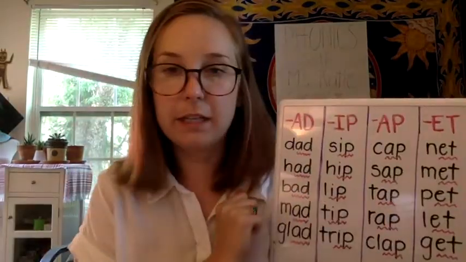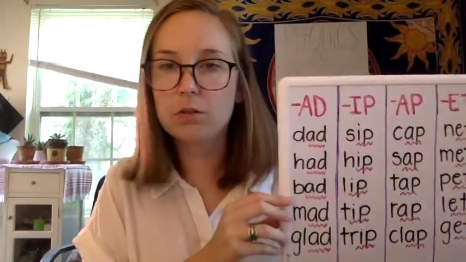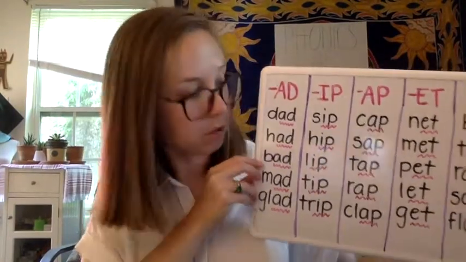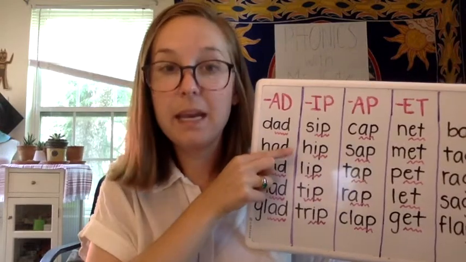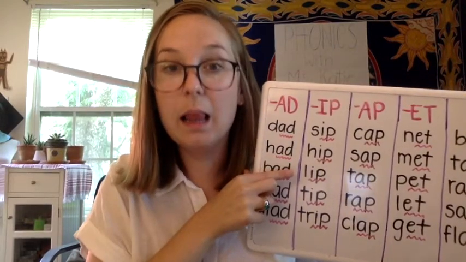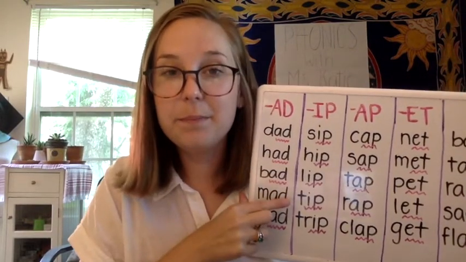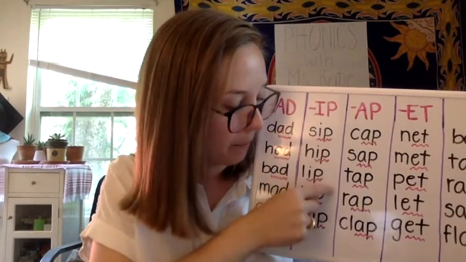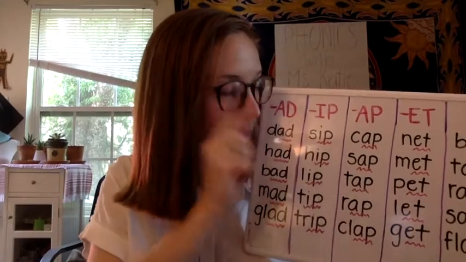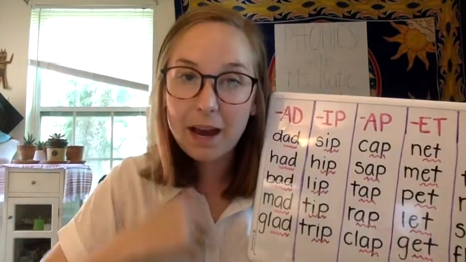So now let's look over here. Okay. So over here we have sip, hip, lip, tip, and trip. And I underlined my pattern, and all of these have that IP pattern, right?